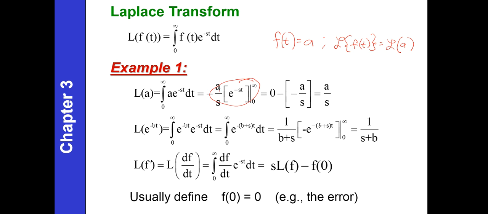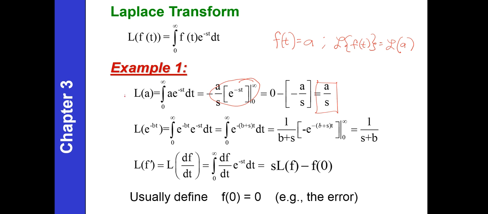So 0 times negative a over s becomes 0. Then minus, if that is e to the negative s times 0, s times 0 is 0, e to the negative 0 is 1. So 1 times negative a over s. So 0 minus the negative a over s, the answer is a over s.